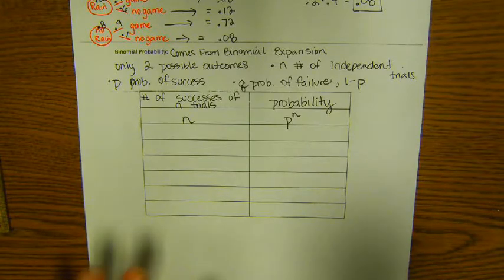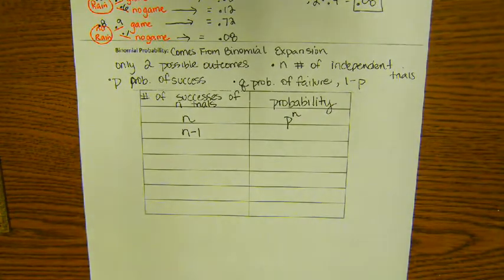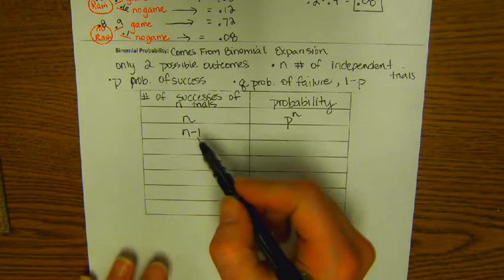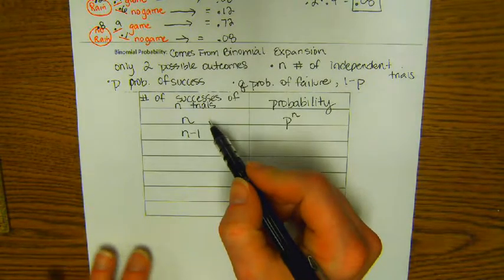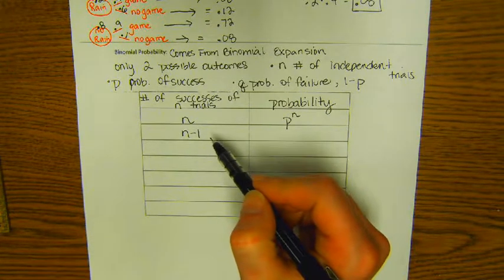So then let's say I make 1 less than the number of trials. Then that means I failed how many times? If I have 10 free throws and I made 9, that means I didn't make one, correct?